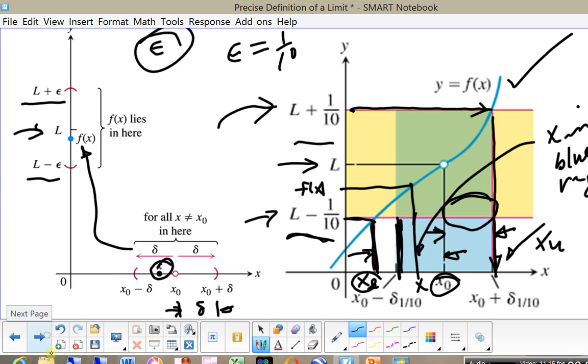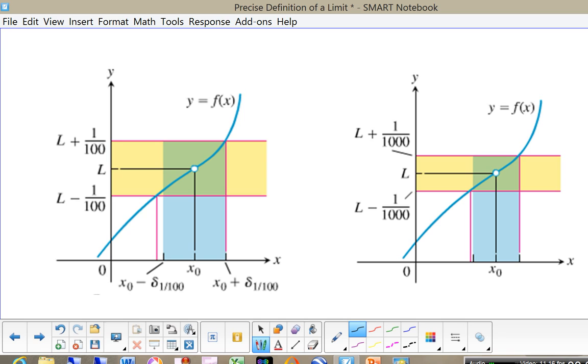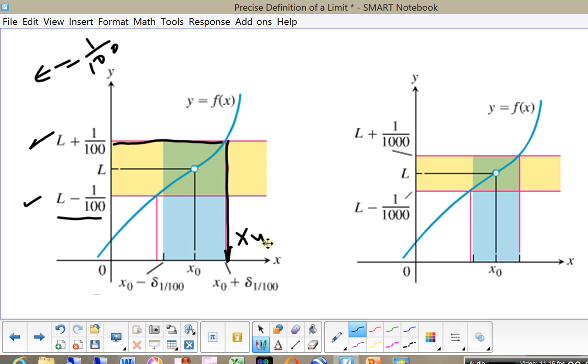Now suppose they say, well, you beat me on 1/10. I'm going to give you an epsilon equal to 1/100th. You do the same thing. You plot L plus 1 over 100 and L minus 1 over 100, go backwards and get an x upper, and also get an x lower, and then pick a delta.